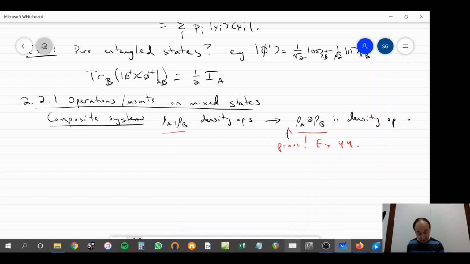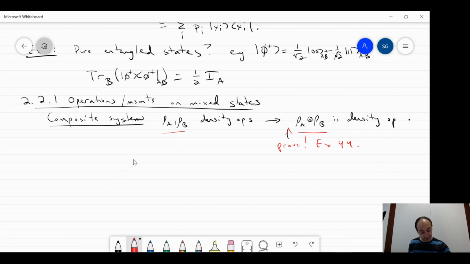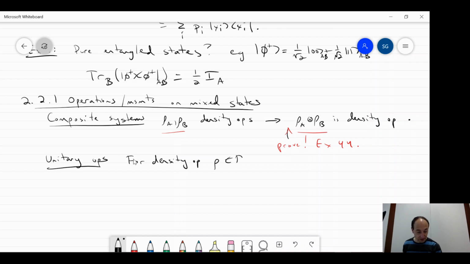Okay, unitary operations, how do we generalize this idea? For a density operator rho, and here I'm going to start using this notation, for density operators I'll use this calligraphic D, and for a unitary U in the set of unitaries.